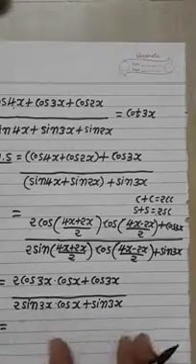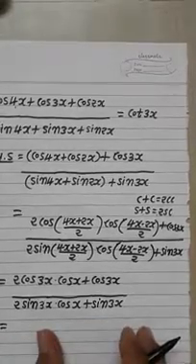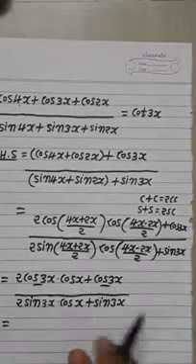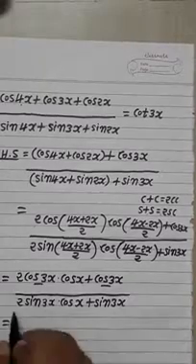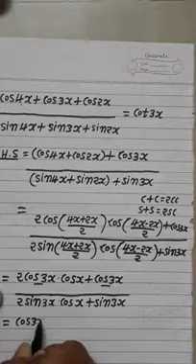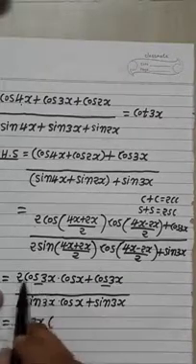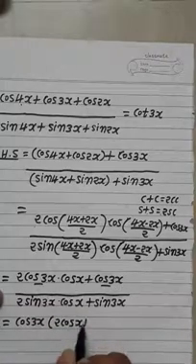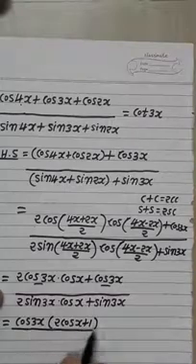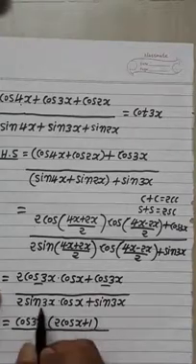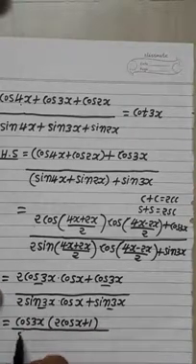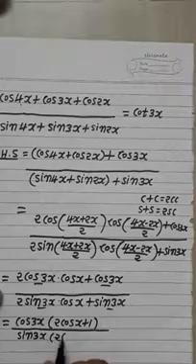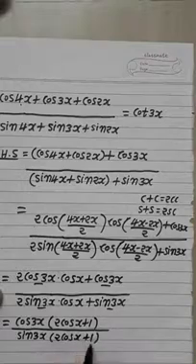Now in the numerator, which term can we take common? cos 3x we can take common. So the remaining term is 2 cos x plus 1. Now in the denominator, sin 3x we can take common. So the remaining term is 2 cos x plus 1.